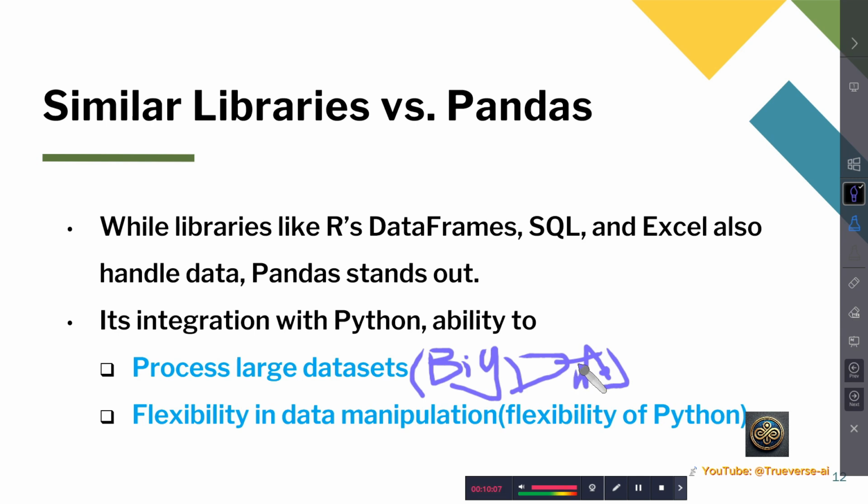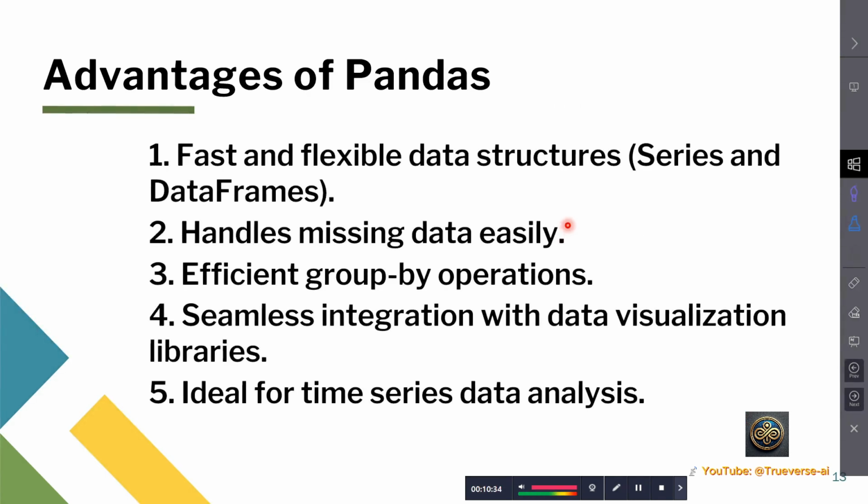Lastly, it can integrate with Python libraries such as scikit-learn for machine learning, and Matplotlib for visualization, which makes pandas a critical part of the Python data science stack. Advantages of pandas: it has a wide range of advantages that made it the preferred library for data analyzing.